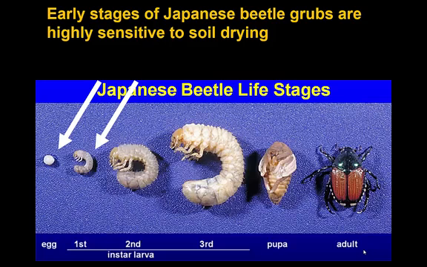One thing that has been limiting to Japanese beetle, probably has retarded its movement into some of the more arid areas of the country, is that this is a species that is more sensitive to drying than are the other ones we've just discussed. The first stage larva and the eggs, if the soil around them dries, they are usually going to be killed.